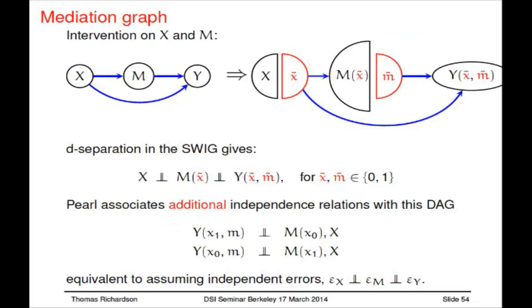So to explain where the difference comes, if we look at this mediation graph, x, mediator m, y, we split on x and we split on m, we get that these variables are independent: x, m of x tilde, y of x tilde, m tilde. These are the independences that we're associating with it, right? And in each instantiation, you have to choose the same value of x here and here, okay?